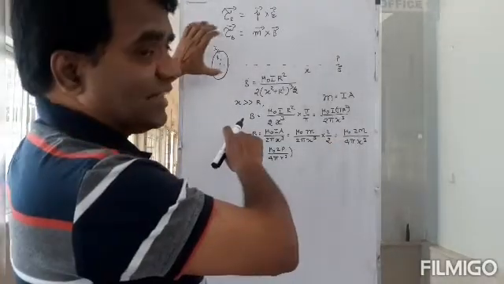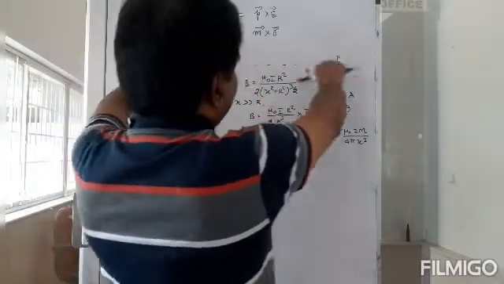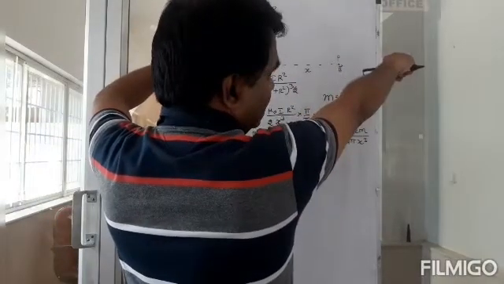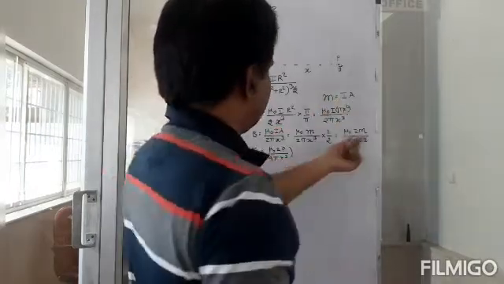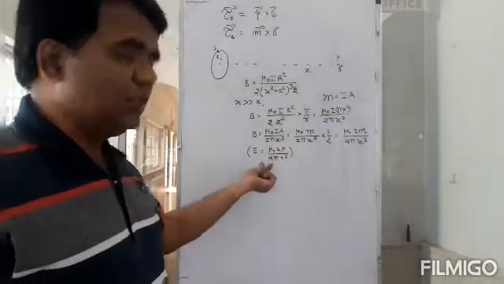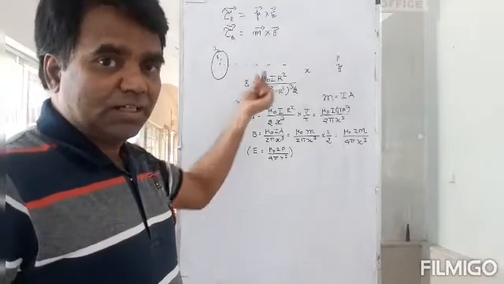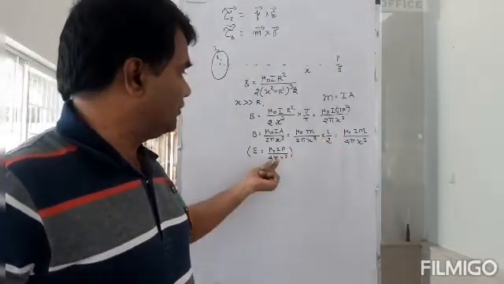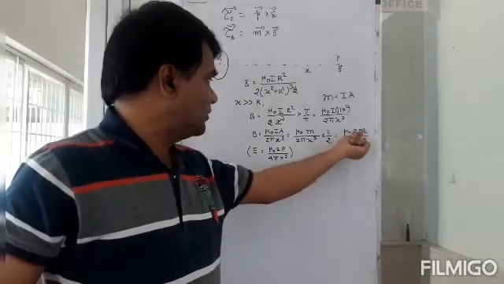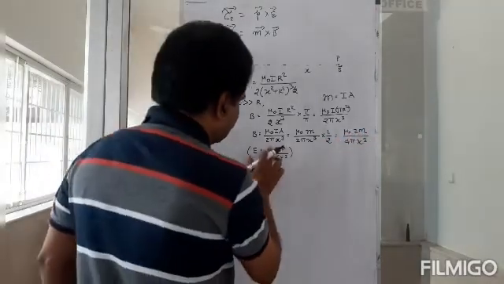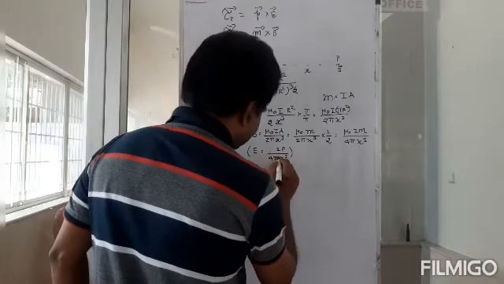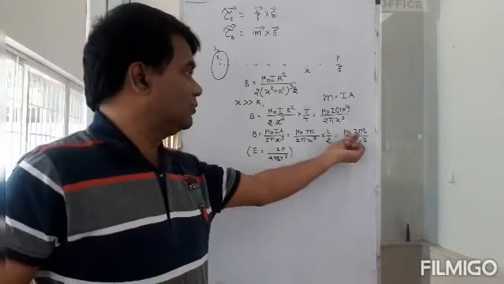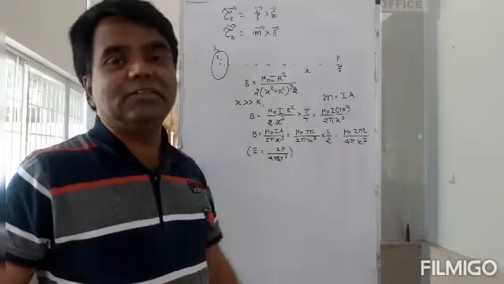If you take a magnetic dipole, the magnetic field along the axis is very similar to the electric field due to an electric dipole. So you see 2p by 4 pi epsilon naught r cube for the electric case, and now for the magnetic case you get mu naught 2m by 4 pi x cube.